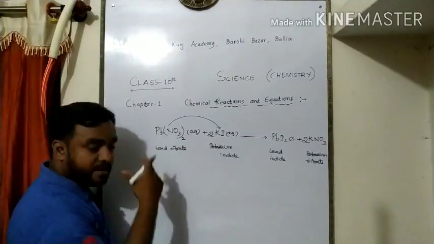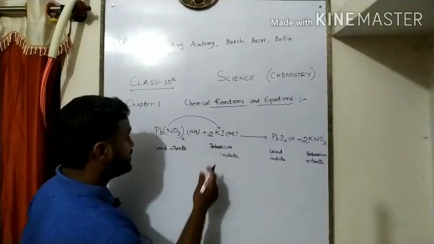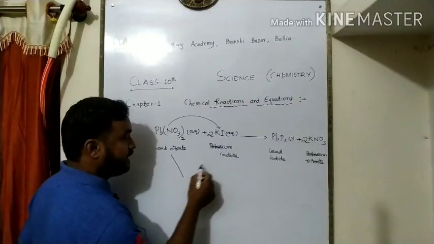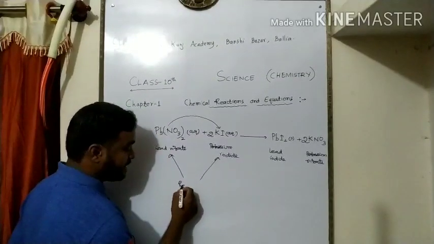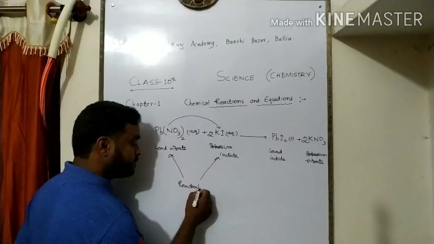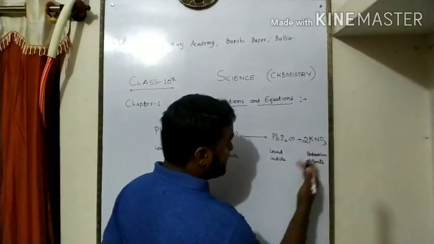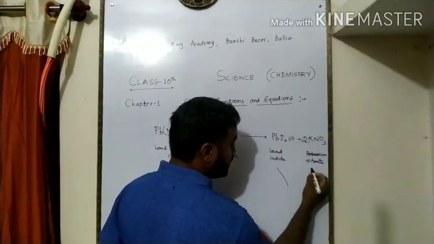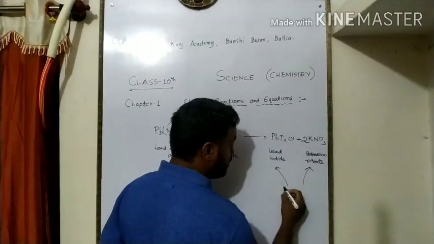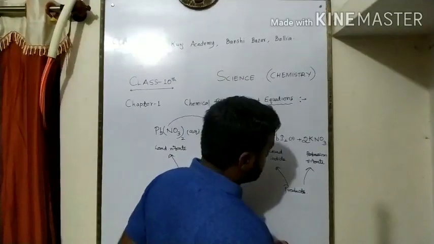Now, what are reactants and what are products in this chemical reaction? So on the left hand side, this lead nitrate and potassium iodide are your reactants. And the other two on the right hand side, lead iodide and potassium nitrate, will be called products.